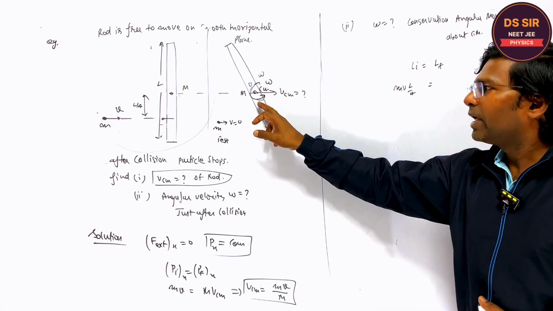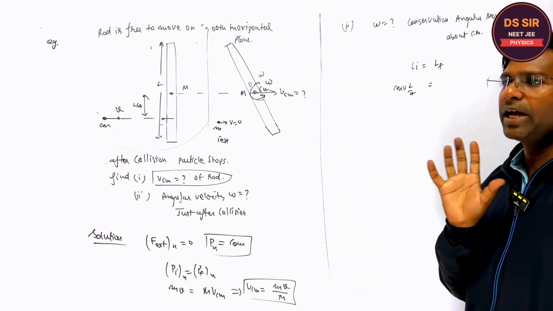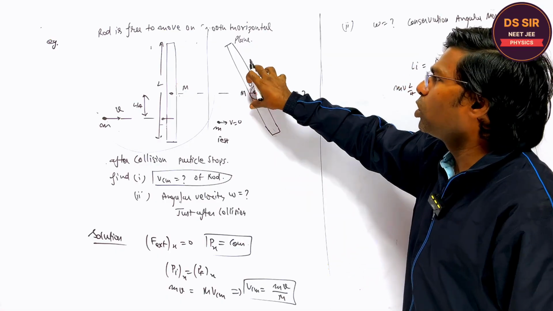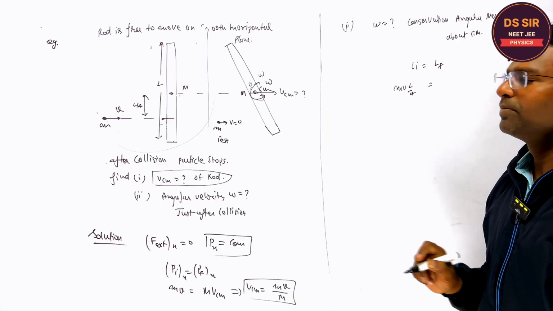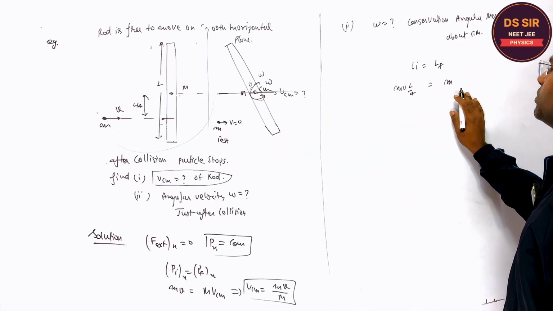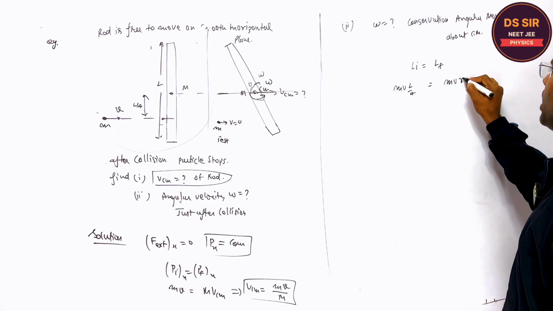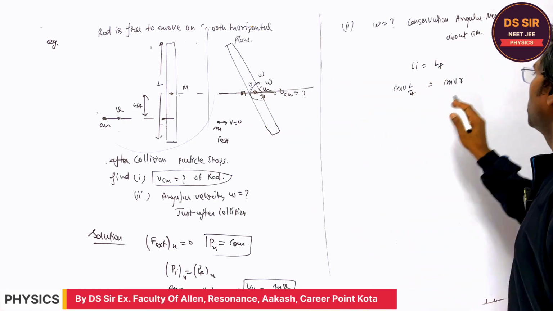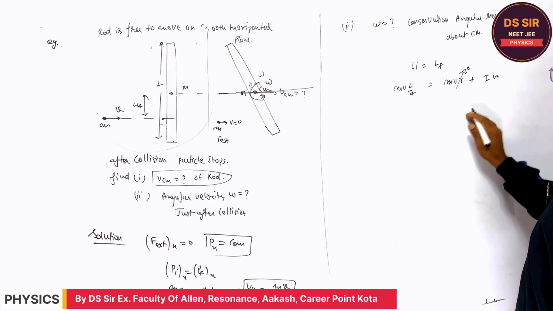I have discussed the angular momentum in case of CTRM, right? So what is the angular momentum of this rod rotating with omega, with the velocity of the center of mass VCM? About this point O, what is the angular momentum of the rod? MVR, but what is the R? Because this mass M is passing through this point, R is 0, plus I into omega, right?